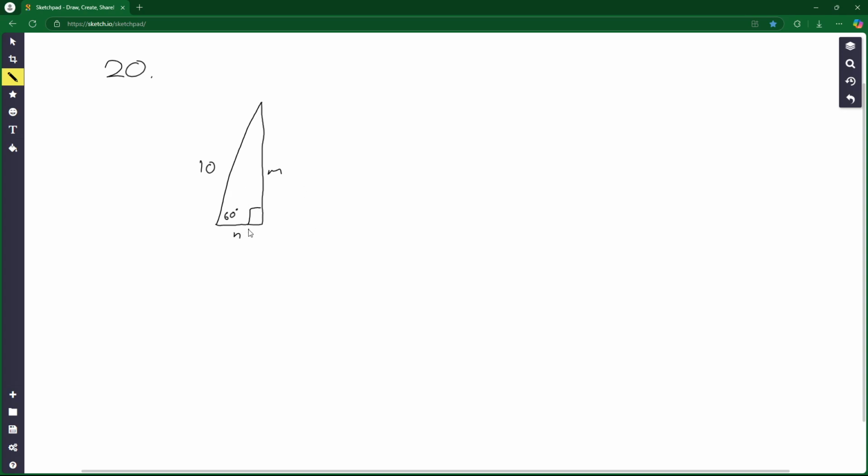Anyways, n is just going to be 1 of x. Our hypotenuse is equal to 2x. So n is equal to 5. Now our m is equal to x cube root 3. This x here is just going to equal 5. So our m is 5 cube root 3. That's as much as we can do with that. So there's your answer for that.